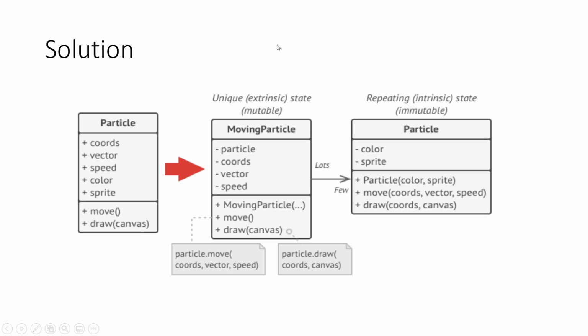Now, the flyweight pattern suggests that we need to separate the constant immutable state from the unique mutable state. This immutable state is also called the flyweight object.